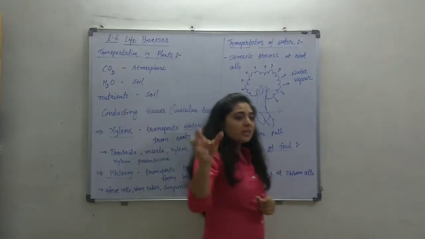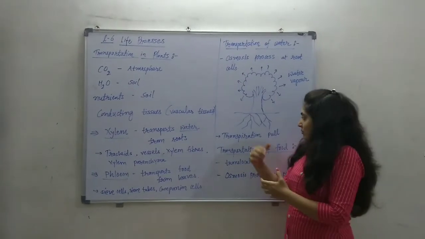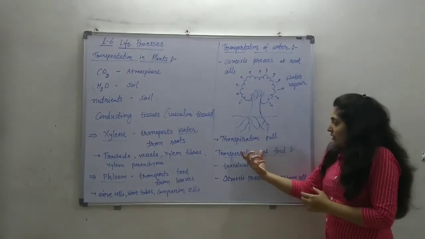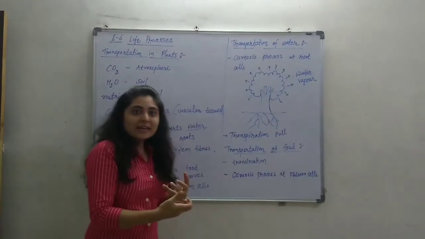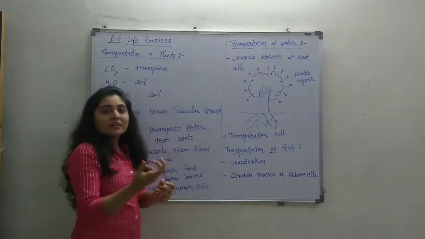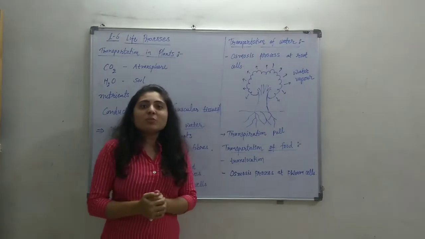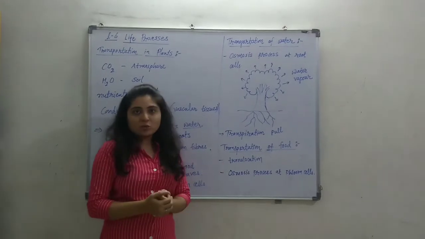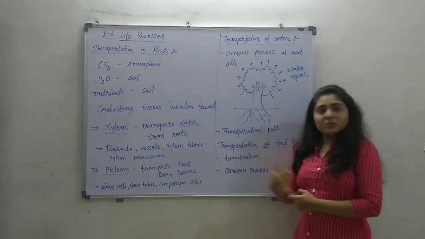So this food has to reach each and every part of the plant. How? This movement of food material inside the plant is done by phloem tissues, and this movement of food materials, we call translocation. So this is done by phloem tissues.